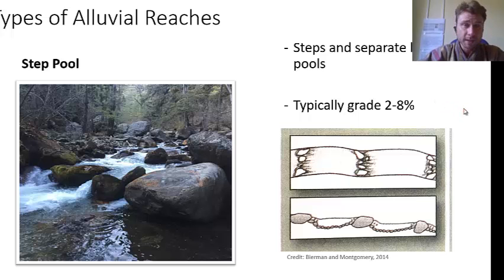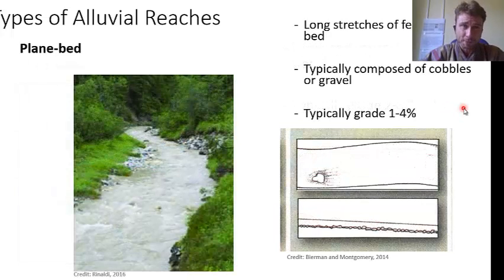The next type of channel reach is one that's known as a plane bed reach. And here we have long stretches of rather featureless beds, not any development of point bars or internal situations, but typically composed of cobbles and gravel that accumulate on that stream or river bed. Oftentimes you can get occasional large objects like boulders or woody debris that will form localized pools and bars.